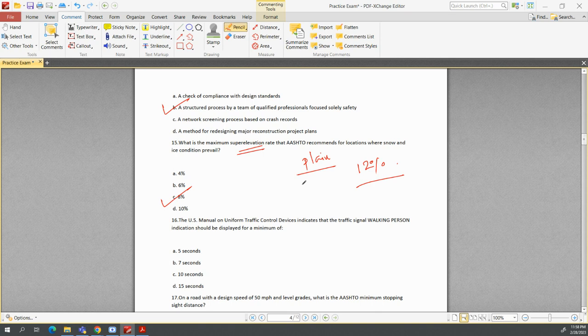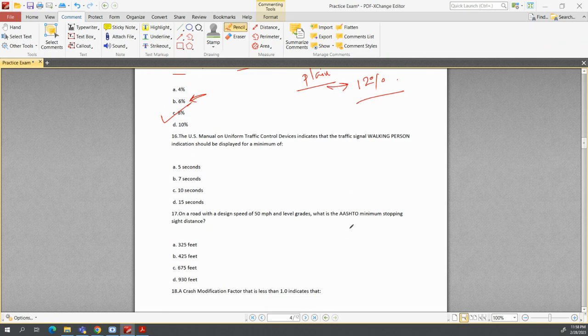Many agencies actually prefer 6%, but please do not write that, because AASHTO says the recommendation for locations with snow and ice is 8%. But also please remember this one, which is 12% for plain conditions. This is important.